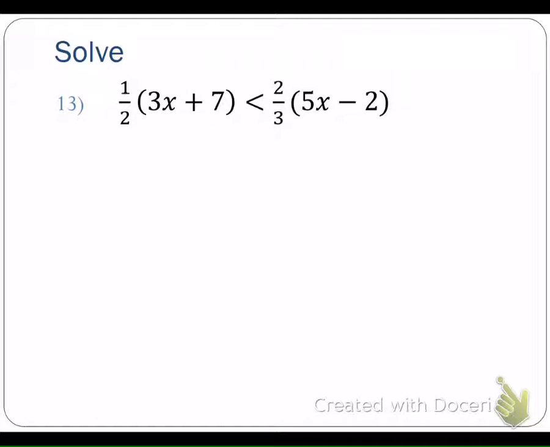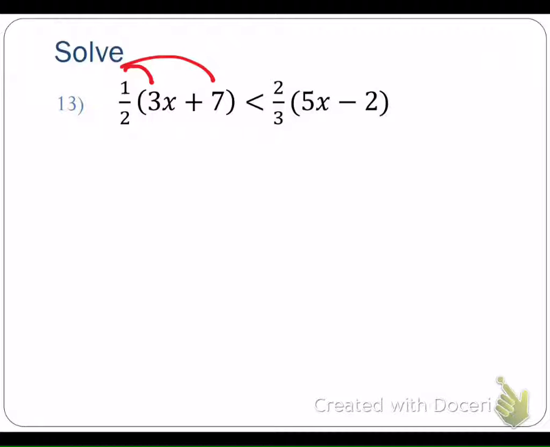So, here's the deal on this one. That was a good idea. If you want to multiply by the LCD and get rid of the fractions, we can before we distribute, or you can distribute the fractions and deal with them. What do you want to do? Deal with it. I've heard a few people say just distribute the fraction and deal with it, so I am going to multiply.